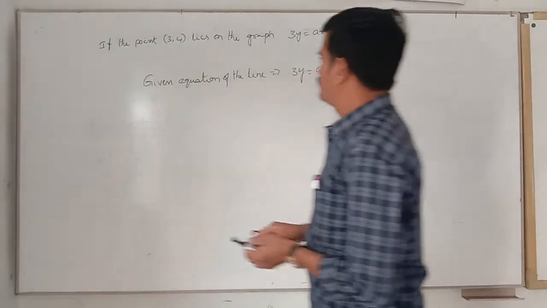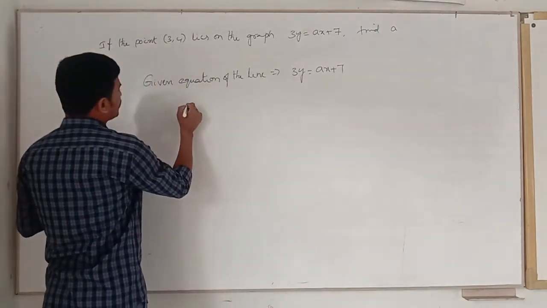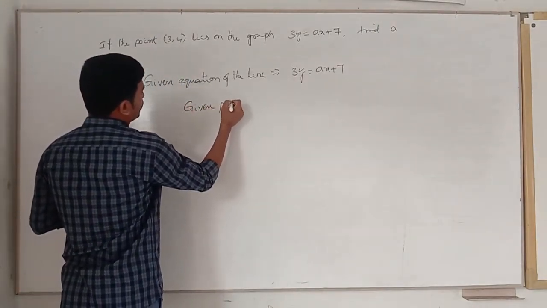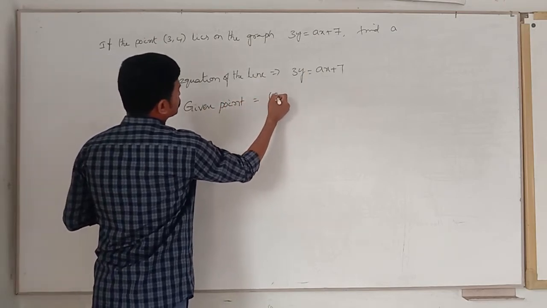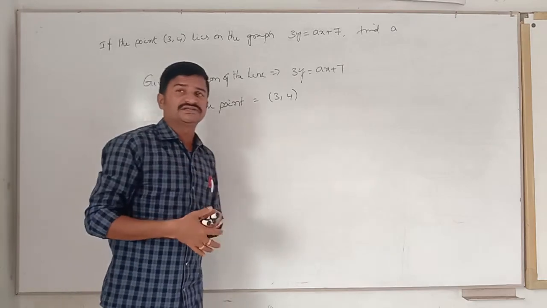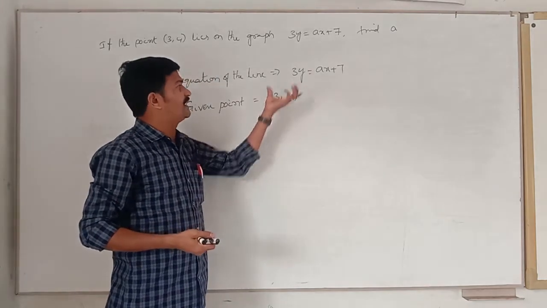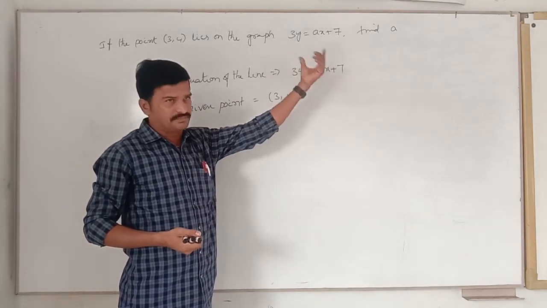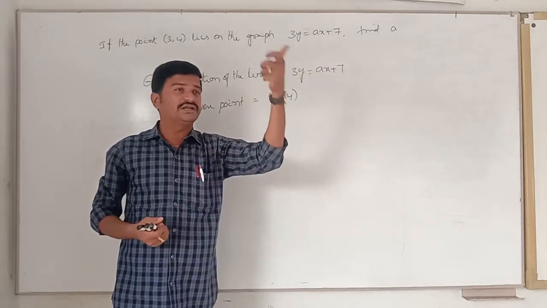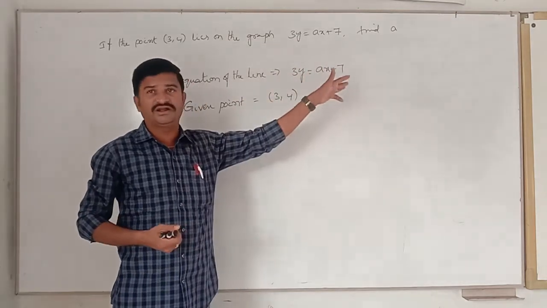So what is the given point? The given point is 3 comma 4. What is the condition given here? This point is lying on this line. That means this line is passing through this point.